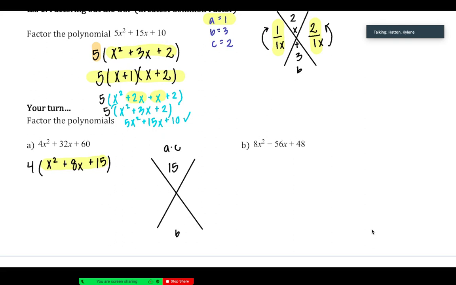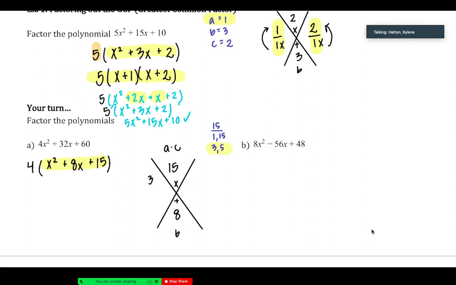And then b goes on the bottom, which was 8. Then I need numbers that multiply to 15 but add up to 8. Factors of 15 could be 1 and 15, or 3 and 5. Since 3 and 5 add up to 8, we can use those.